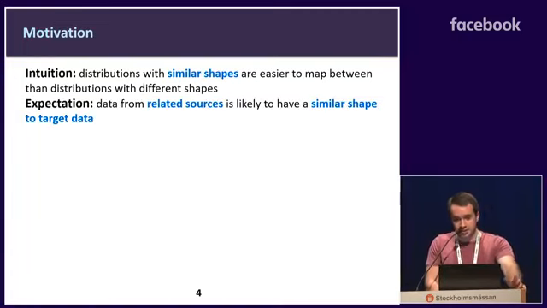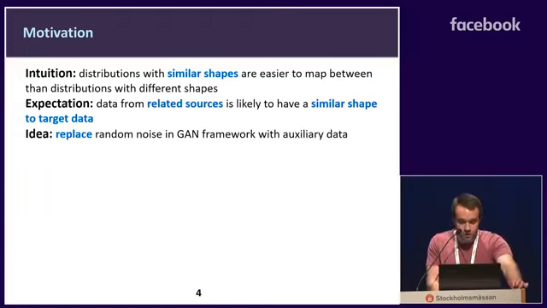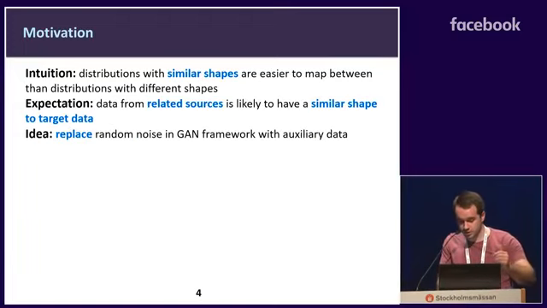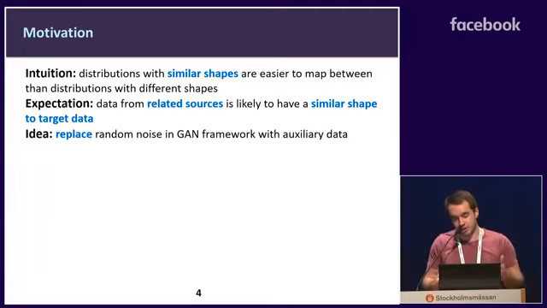The expectation is that data from related sources, such as data from two hospitals, or data from different medical studies on the same disease, are likely to have a similar shape to the target data we're trying to map to. The idea is that rather than using random noise as the input to generate additional samples, as in the GAN framework, we're going to replace that random noise with the auxiliary data from the other hospitals.